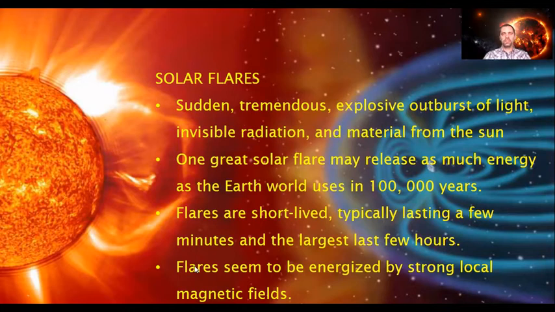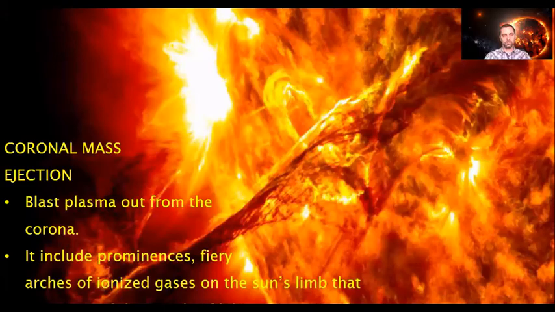Solar flares seem to be energized also by strong local magnetic fields. They are sudden, tenuous, explosive outbursts of light and invisible radiation and some material from the sun. These short-lived explosions last mostly just a couple of minutes, but they can release a huge amount of energy. The third one is the coronal mass ejection.